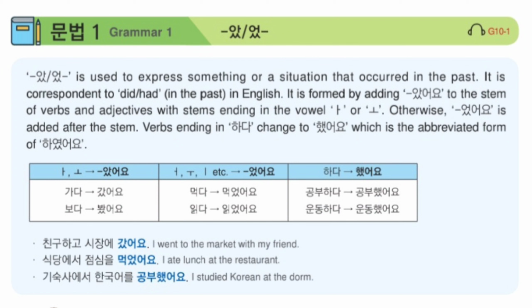So, what's the verb here? 공부했어요. Great. And what does that mean? Studied. Okay, we learned about past tense verbs. So always remember, what do you add if the vowel sound is a or o? 왔어요. And what do you add if there's another vowel sound? 었어요. And what about 하다? 했어요. Okay, great.